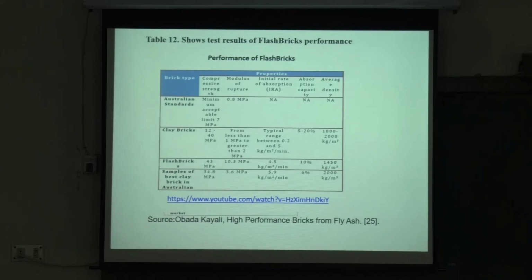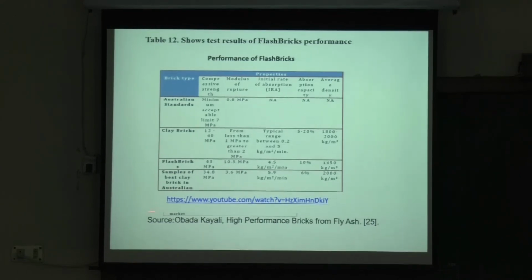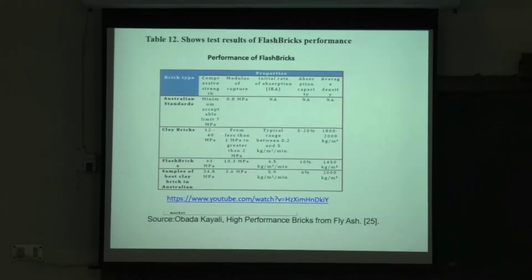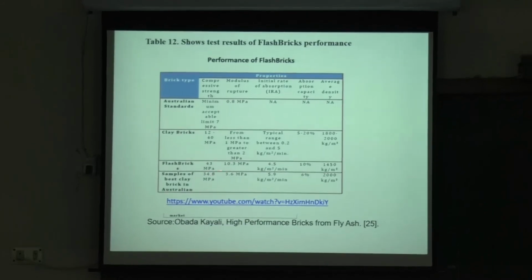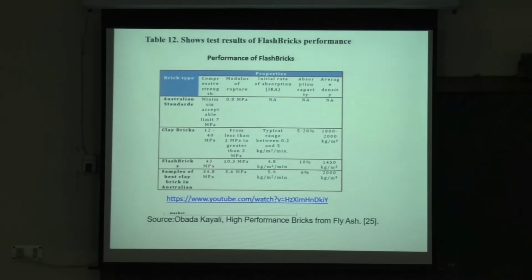Fly ash brick, this is clay bricks, but if you make fly ash brick, this is the Australian standard, 0.8. But if you make fly ash bricks, you are getting about 4.3. So here the standard is 0.8. Clay bricks strength is 12 to 40 MPa, but fly ash bricks are much less strength, at about 4.3.